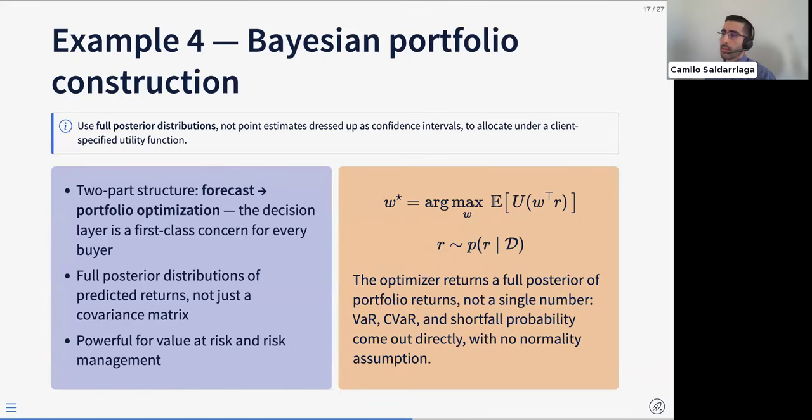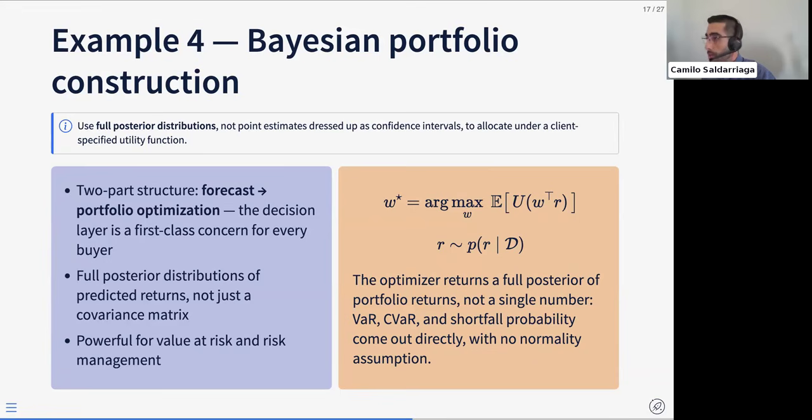And in this sense, the PyMC ecosystem offers extremely powerful Bayesian models to provide this. But in the second step, and here is where I think we can provide a huge amount of value, we don't obtain only point predictions for those future returns. We obtain full distributions of those predictions.